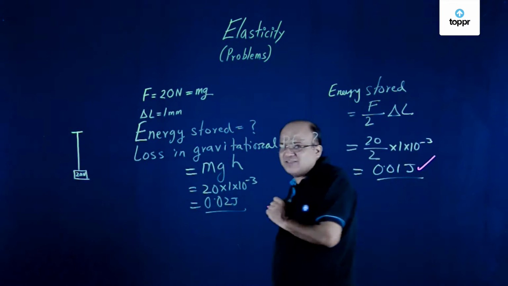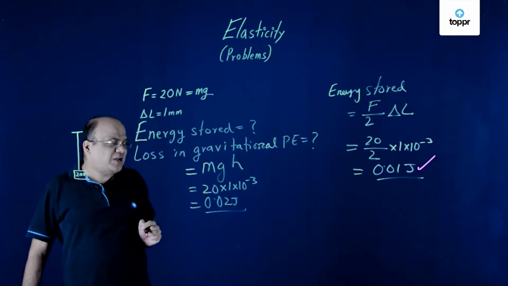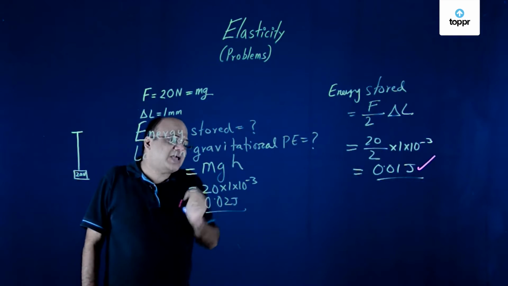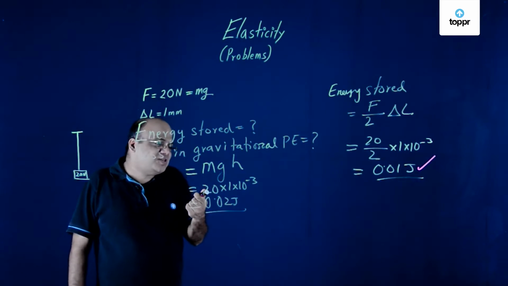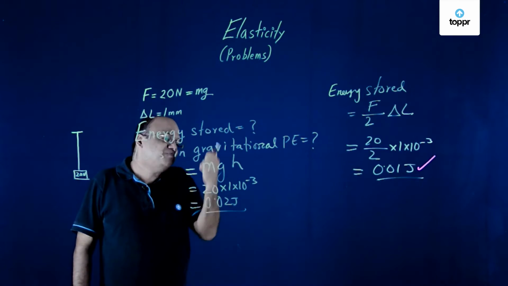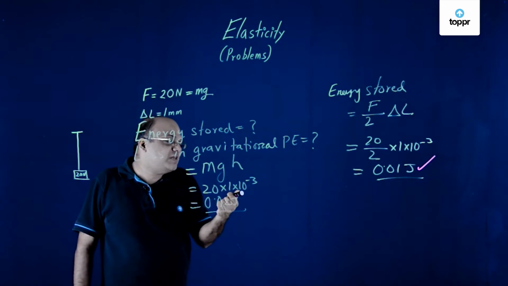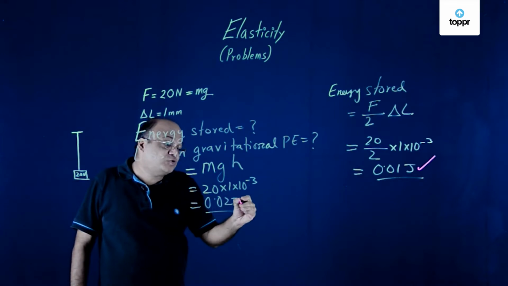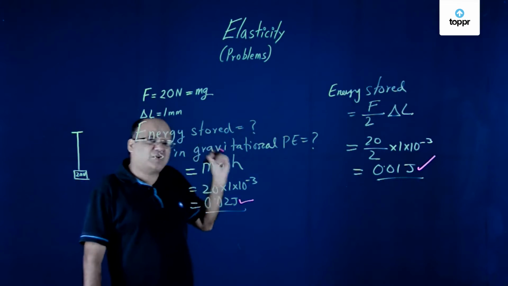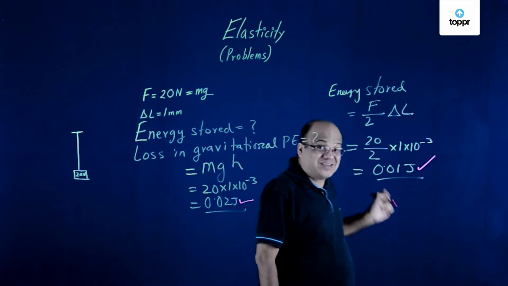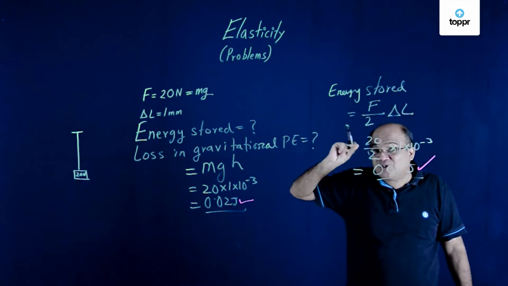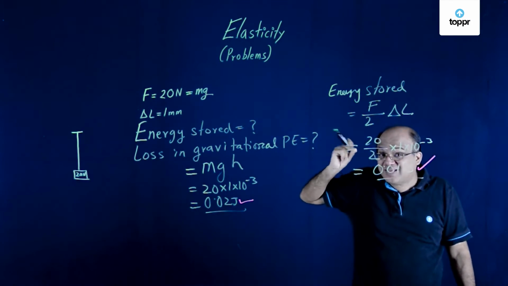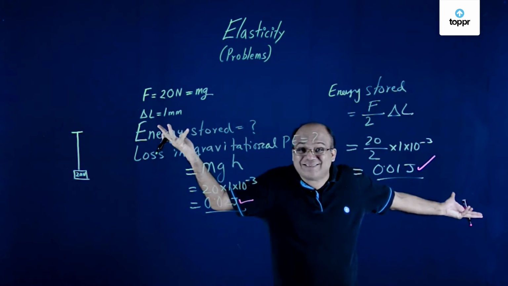So this is the energy stored in the wire. The potential energy lost is given by mgh. mg is 20 Newton, and h is again 1 millimeter, so we get 0.02 joules. So 0.02 joules of energy are lost, and the energy that is stored is only 0.01 joules. What happened to the balance energy?